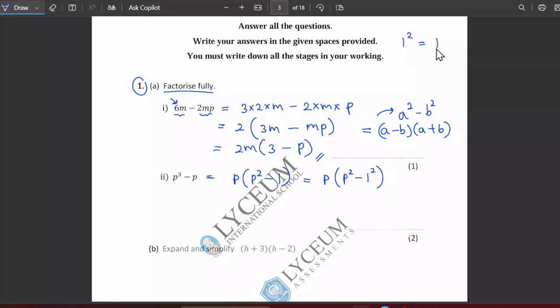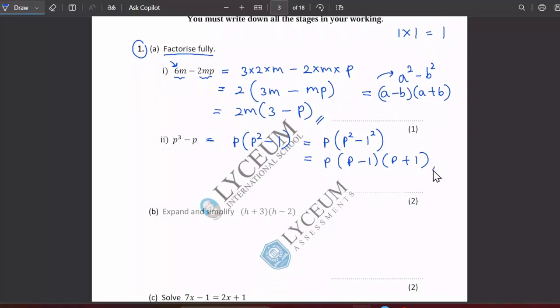For 1, we can put 1 squared because 1 squared means 1 times 1, it's always equal to 1. So that's why I put 1 squared in the place of 1. Okay. Then we can factorize this like that.